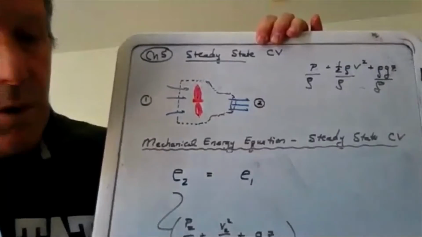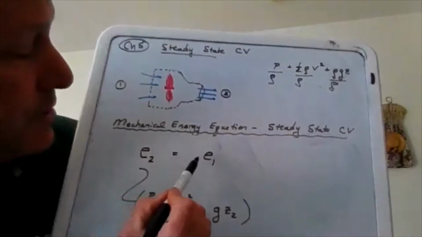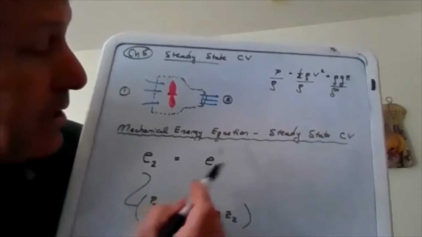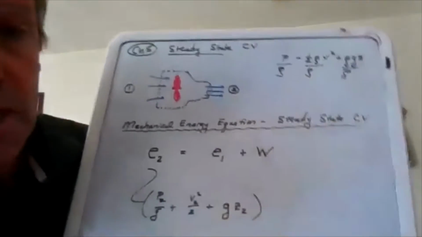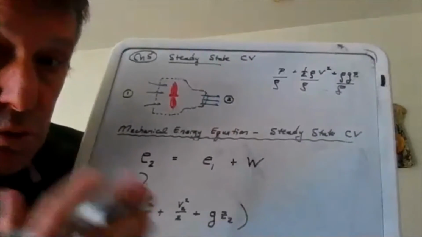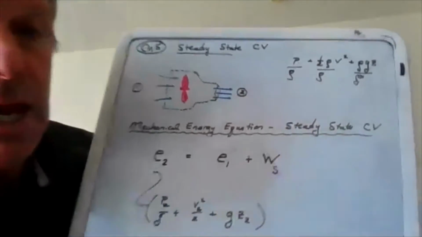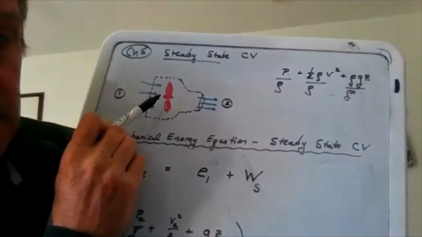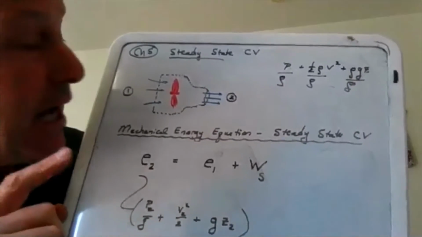So a better way to write our equation would be that the energy coming out of our control volume is equal to the energy the fluid has coming in, plus any energy added by work. The book uses a lowercase w, where that's joules of work per kilogram. They call it shaft work. Of course, most devices in a control volume that spin and add energy are going to have a shaft.